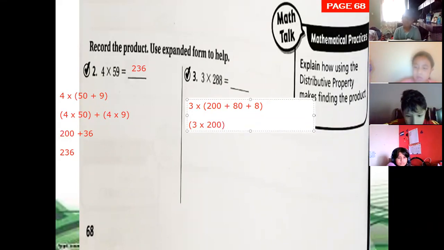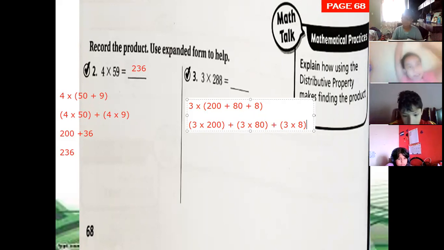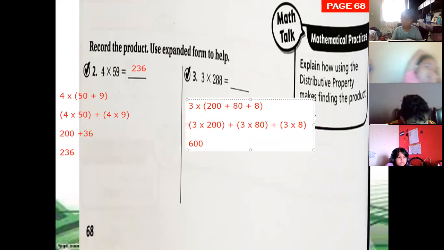3 times 200, because I need your attention, plus the second multiplication, again, 3 times 80, close parentheses, plus 3 times 8, close parentheses. So 3 times 200 is 3 times 2, 6, plus 2 zeros.